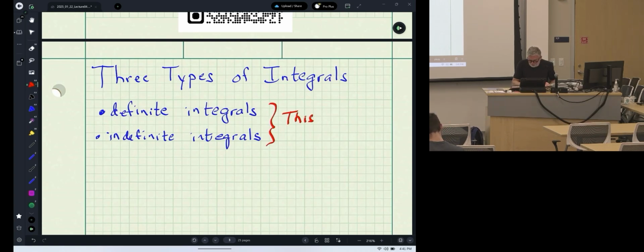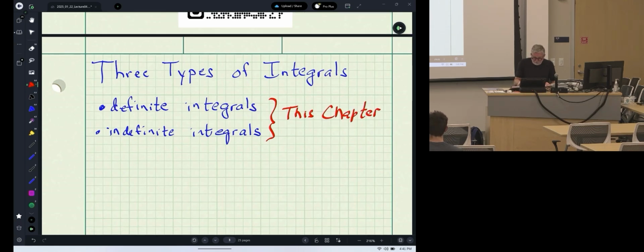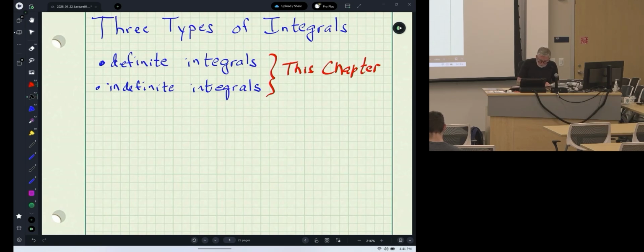So this is chapter 3. Then there's a fourth type of integral, which has the mysterious name antiderivatives, which make a lot more sense once we have covered derivatives. We'll cover indefinite integrals and antiderivatives after we do differentiation.